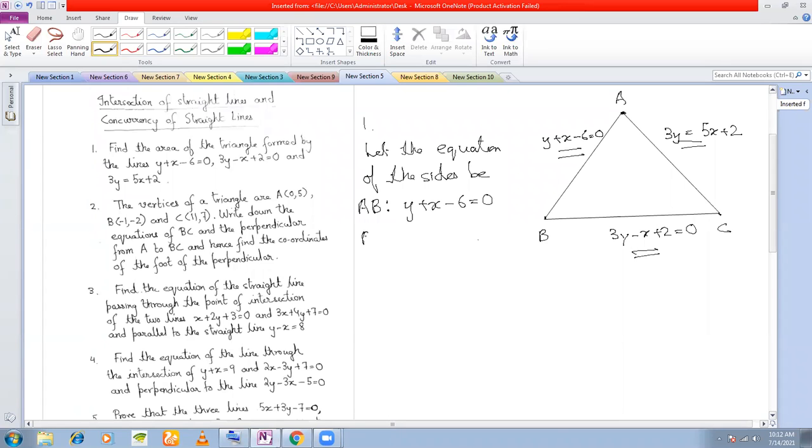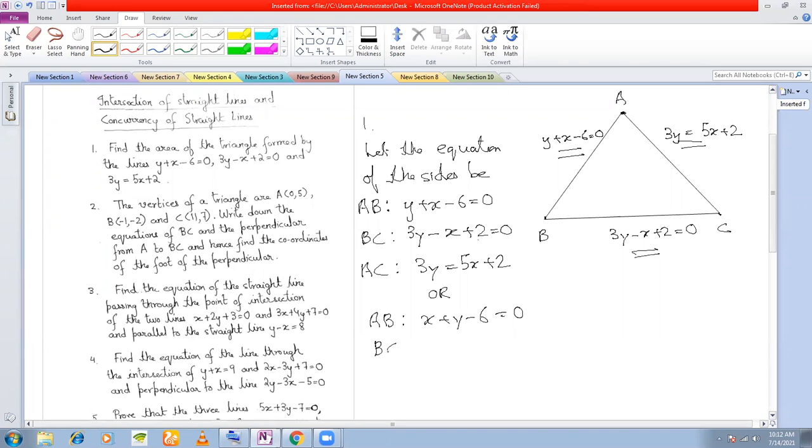Say the equation of the side BC is 3y. You can take any way you want, it does not matter. So AC is 3y is equal to 5x plus 2. Or you can write it in a general way. AB is x plus y minus 6 is equal to 0.